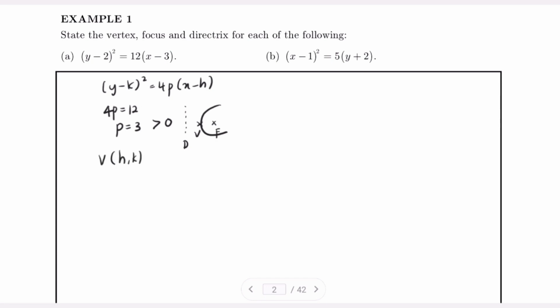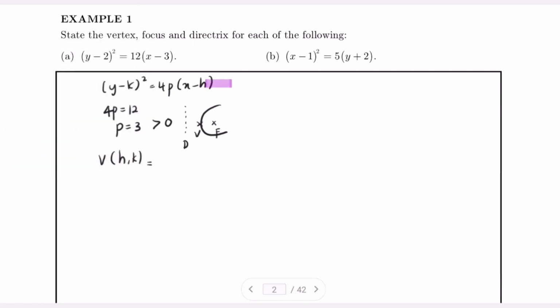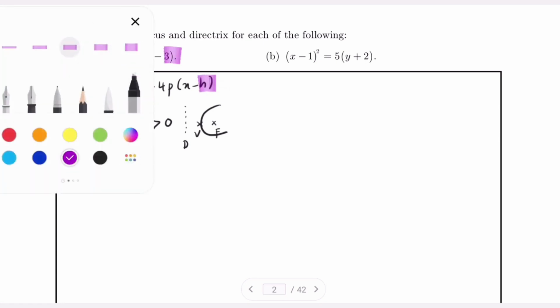So first, let's write down the vertex. Comparing with the formula, we get h as 3 and k as 2.